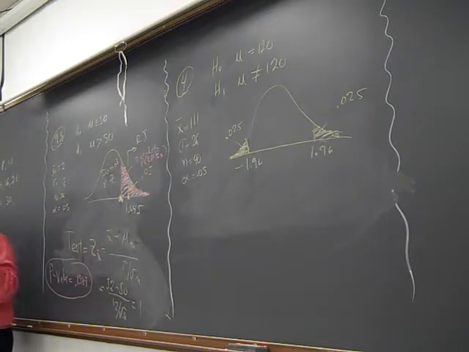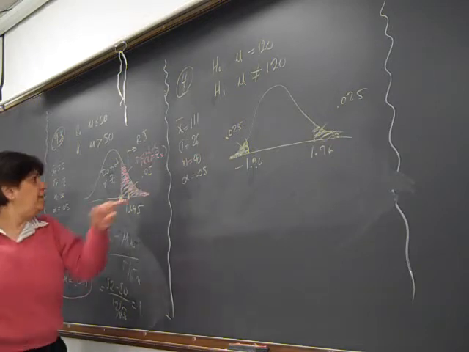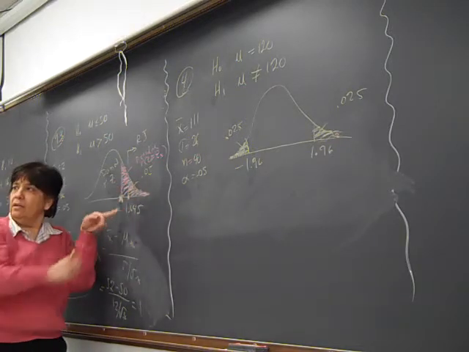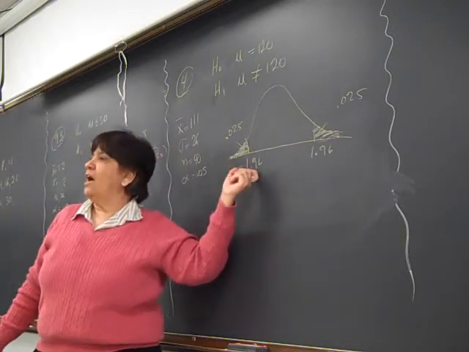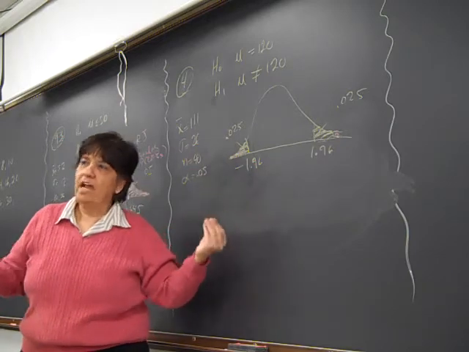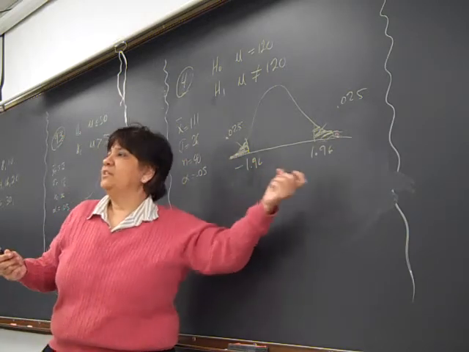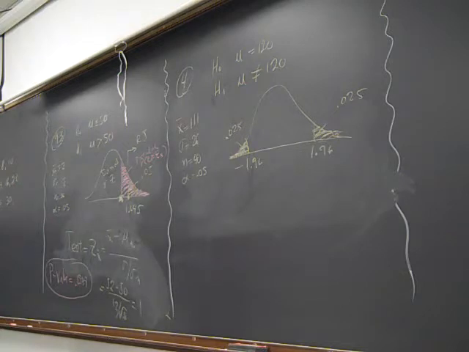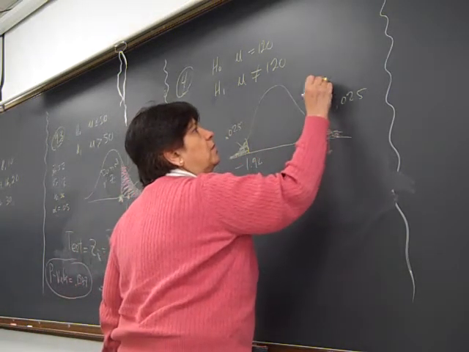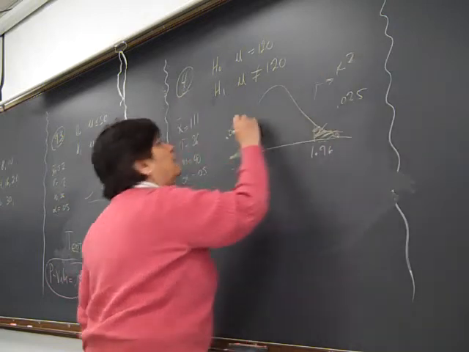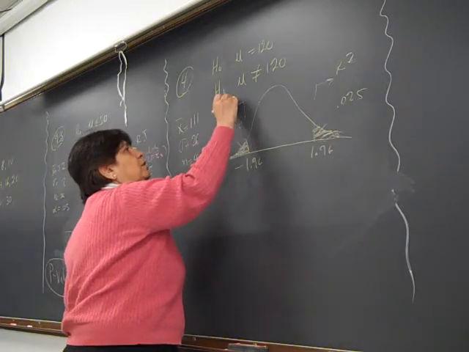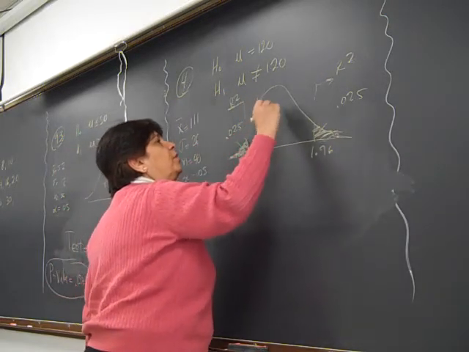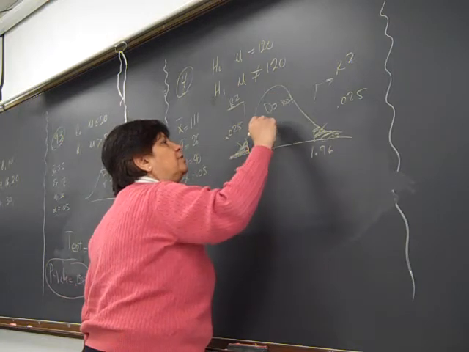You need to understand this concept. In a two-tailed test, you divide your alpha in 2. So this area is not 0.05 like this one. This area is 0.025, such that my critical values are negative 1.96 and positive 1.96. That's it. So I have this rejection zone, and I have this rejection zone, and over here we have the do not reject zone.